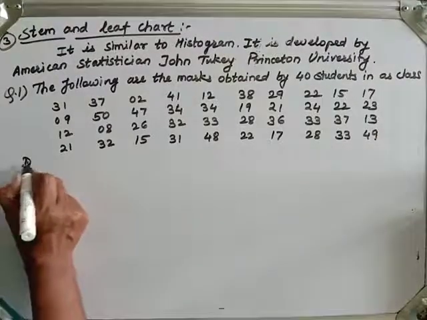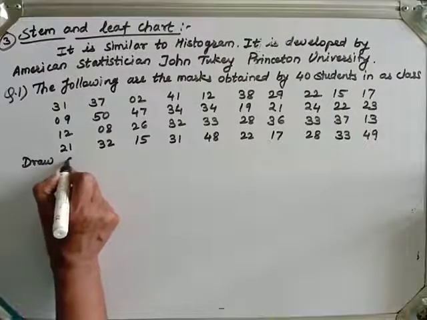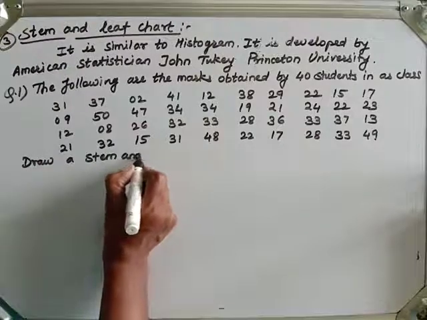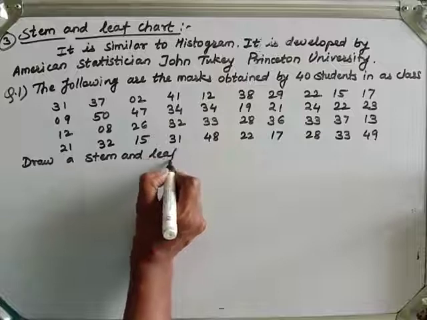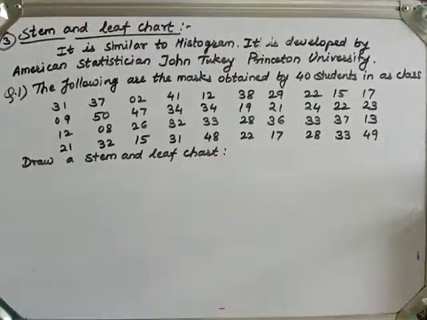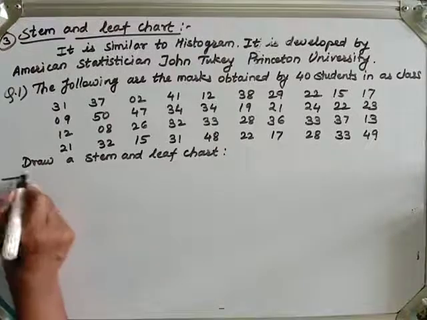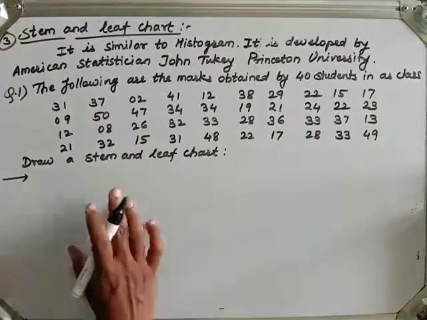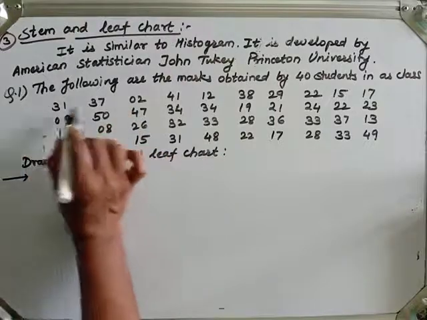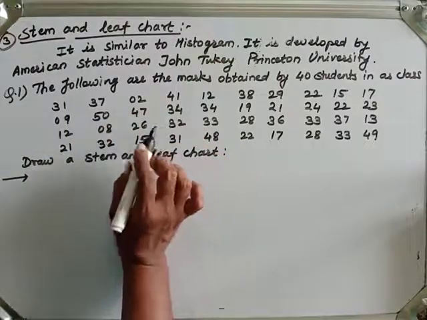Now the question is to draw a stem and leaf chart for these. Before going towards the stem and leaf chart, first of all let us get the minimum among all these and the maximum among all these.